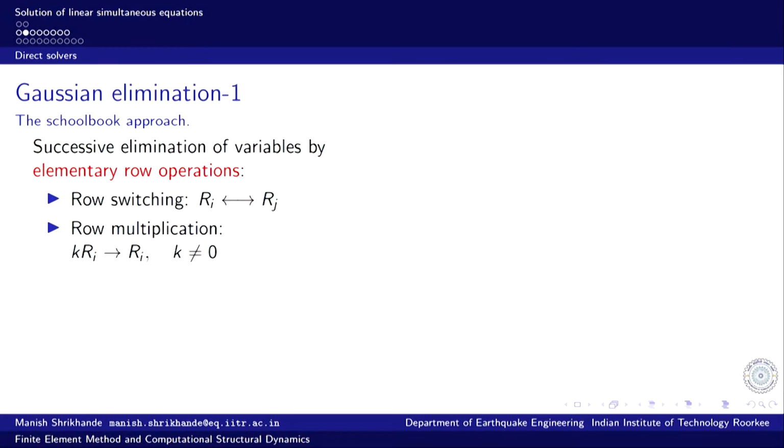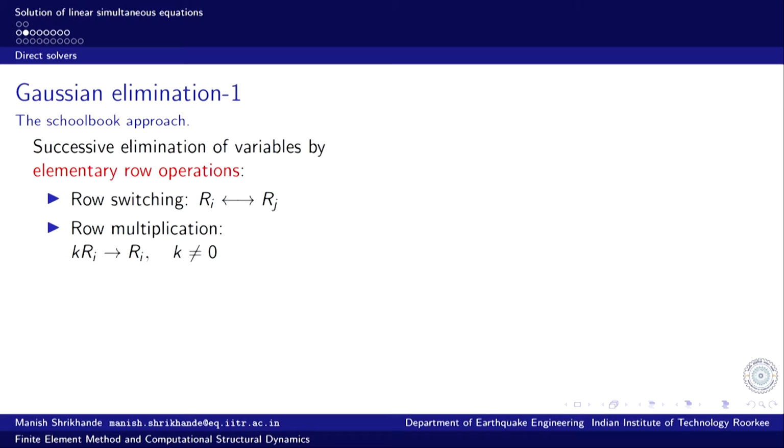So, essentially it involves successive elimination of variables by elementary row operations, that is, a linear combination of rows does not change the solution, multiplication of a row by a constant does not change the solution, and so on. Interchange of rows is not an issue, and row multiplication by a non-zero constant k is also acceptable.